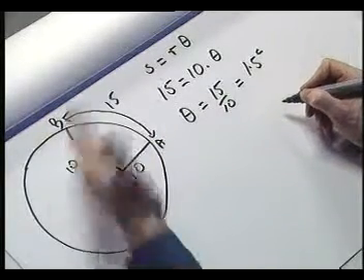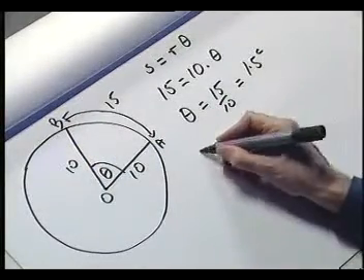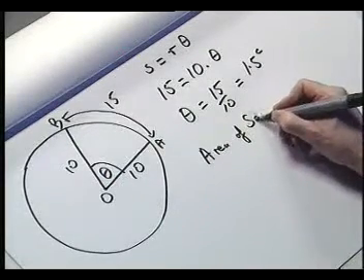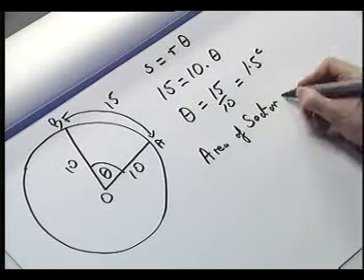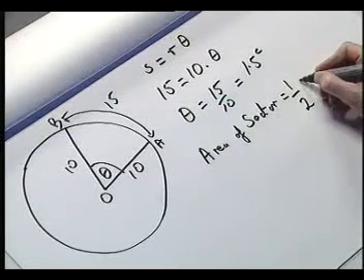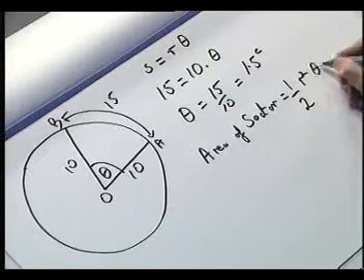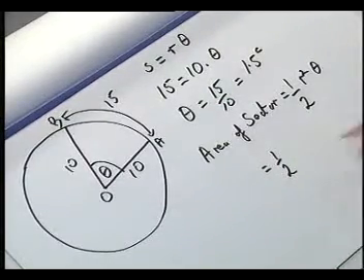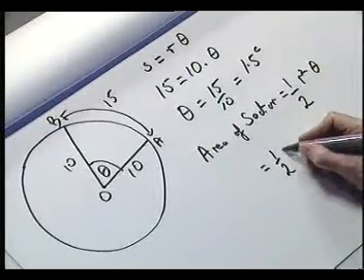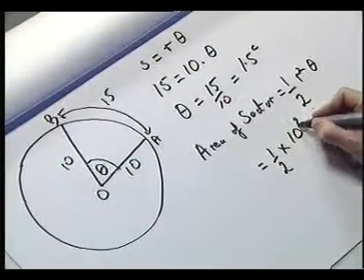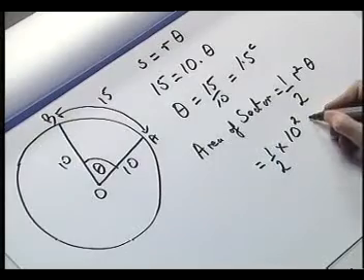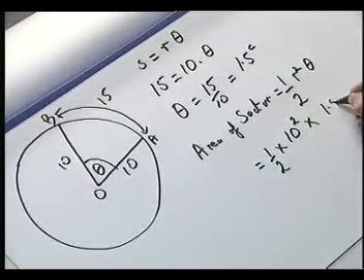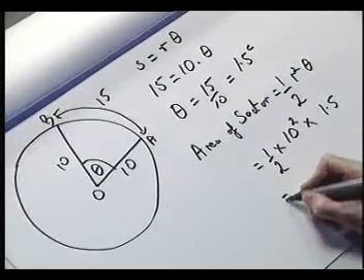Now, area of the sector, we have a formula for that. Area of sector, and we know that that is a half r squared theta. So we can take our values. We know that r is 10, so that's 10 squared for the r squared, times by the angle we've just calculated, 1.5.